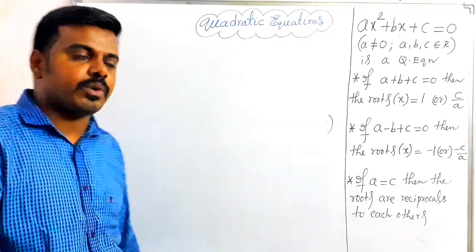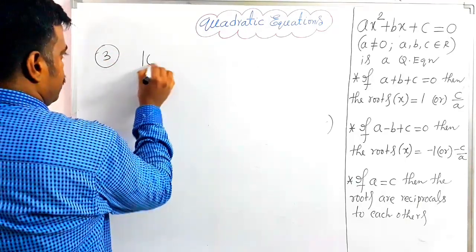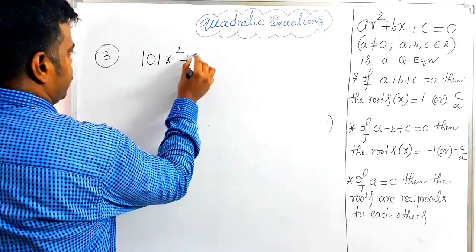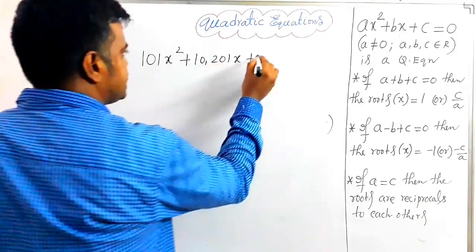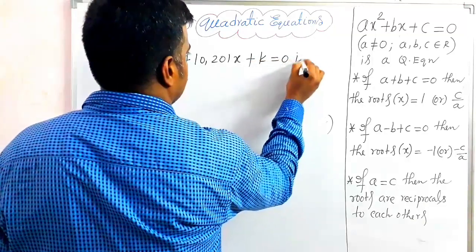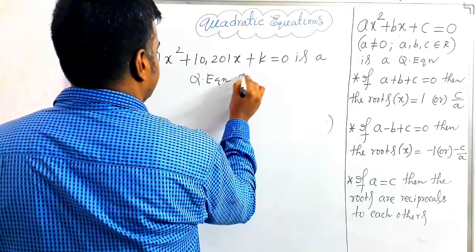Coming to one more example, that is 101x square plus 10,201x plus k is equal to 0 is a quadratic equation.